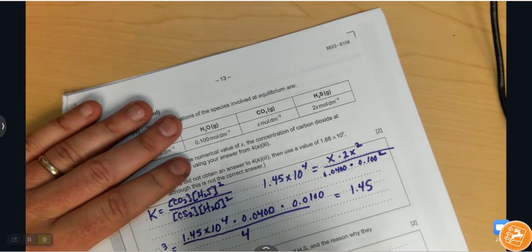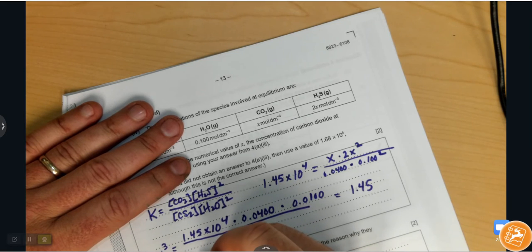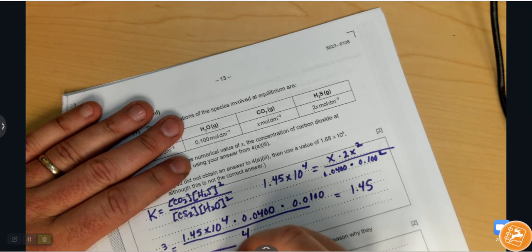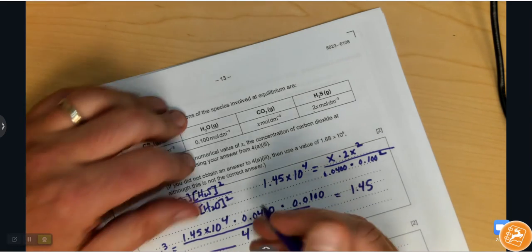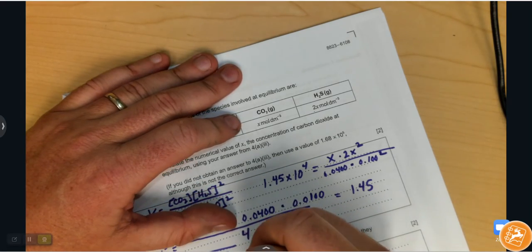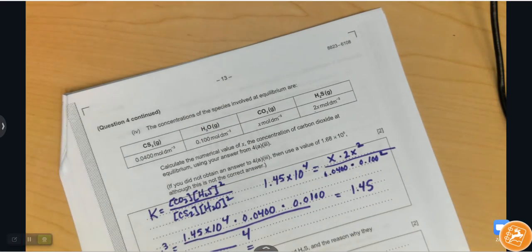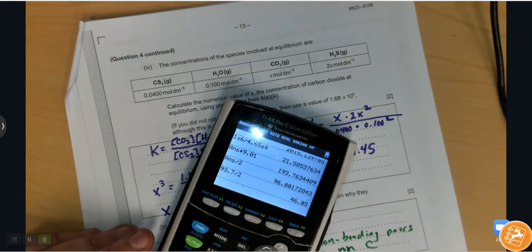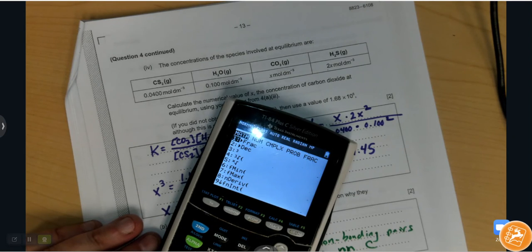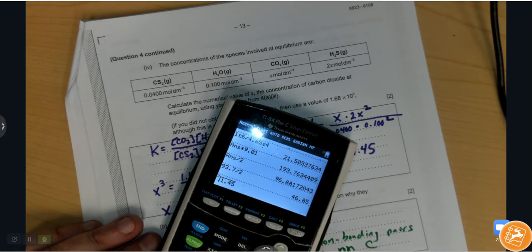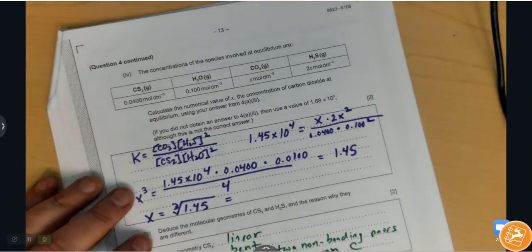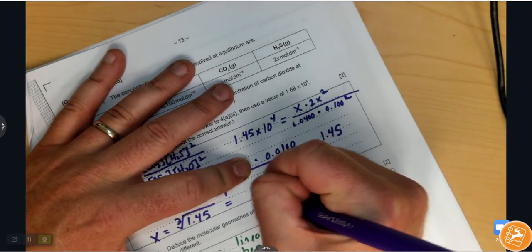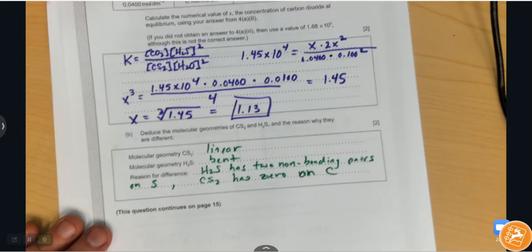So to get the value for x, it will be the cube root of 1.45, which equals, I don't know, what does it equal? I don't have it on my cheat sheet here. So where's this button? I think it's math. Cube roots. The cube root of 1.45 is 1.13. So that's our answer.